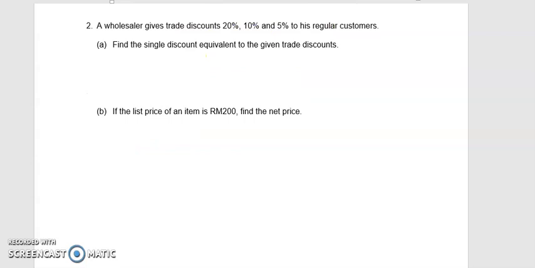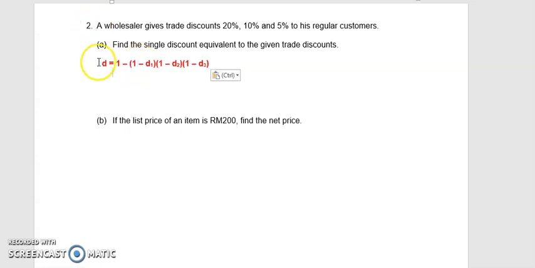Okay, now let's move to question number 2. A wholesaler gives trade discounts of 20%, 10% and 5% to his regular customer. A, find the single discount equivalent to the given trade discounts. So this is the formula for single discount equivalent.